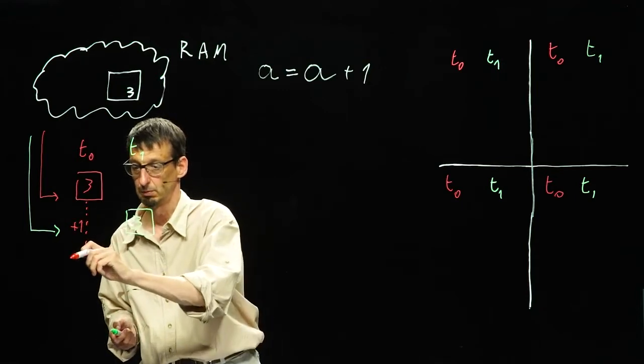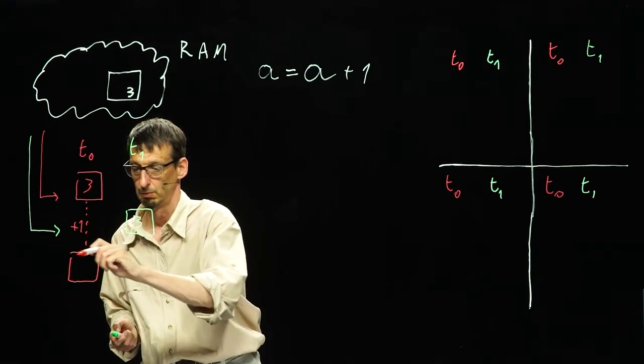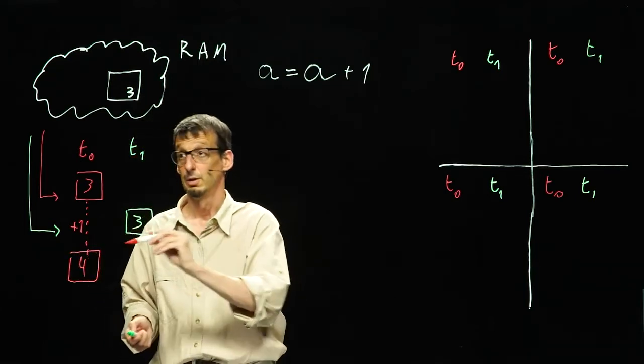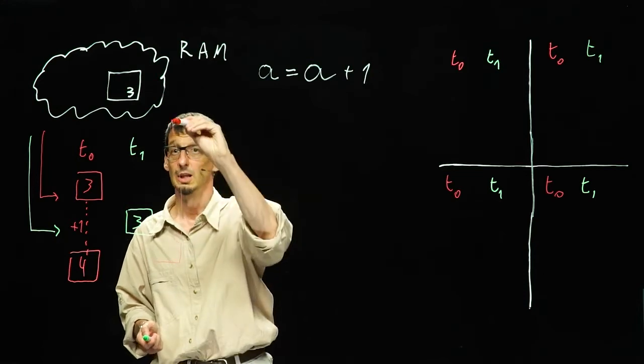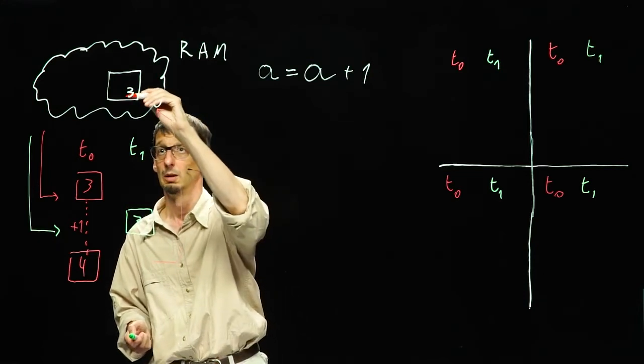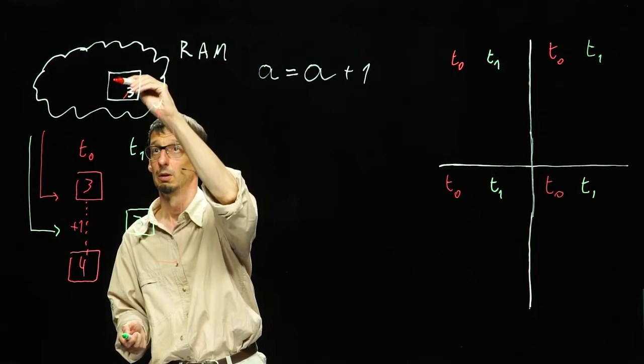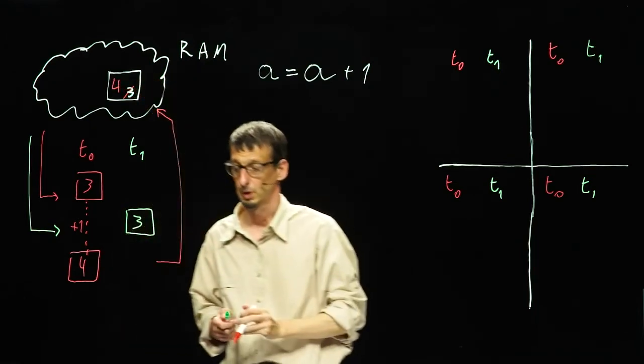So we get 4. And T0 immediately stores that into memory. So we have 4 there.